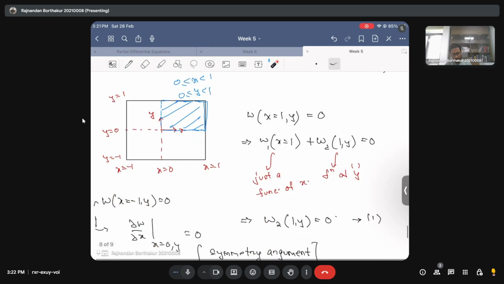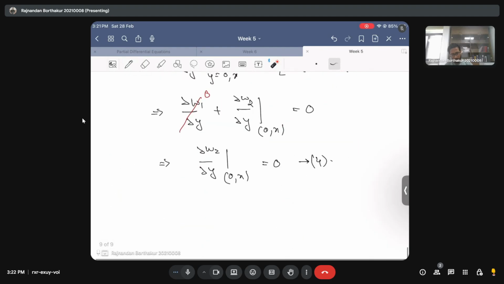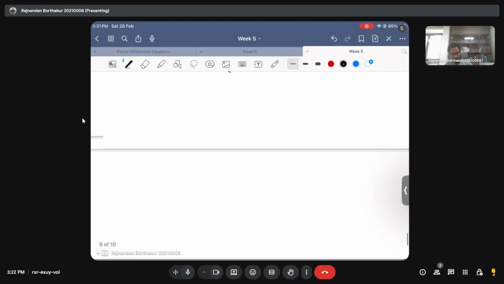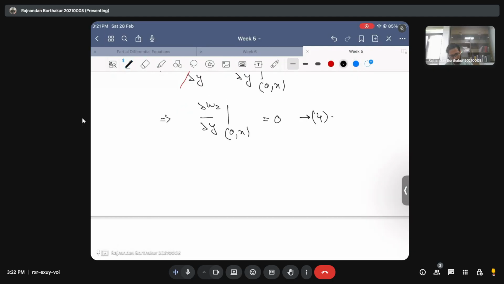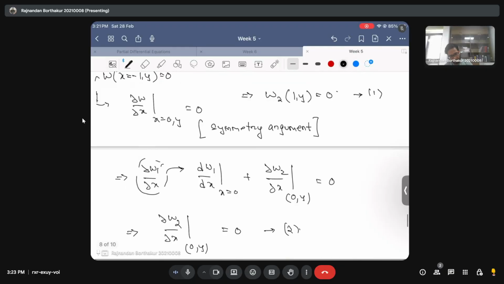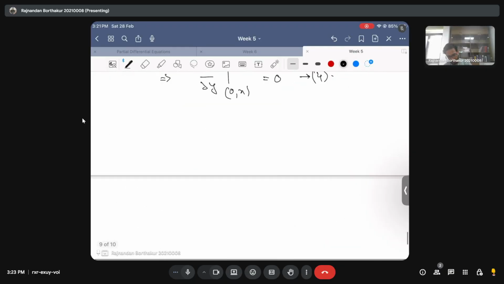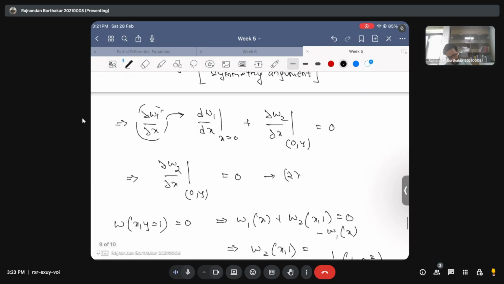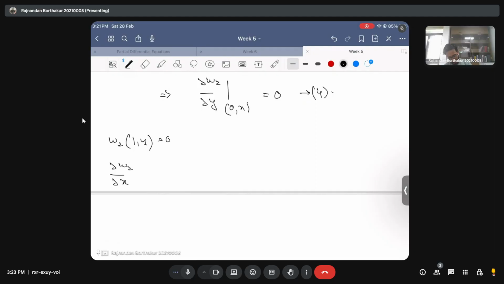Okay, so now from the boundary conditions, let's write the boundary conditions once again. So the consolidated boundary conditions, I should say. So maybe the first one is W2 at 1 comma y is 0, and del W2 by del x at 0 comma y is 0.